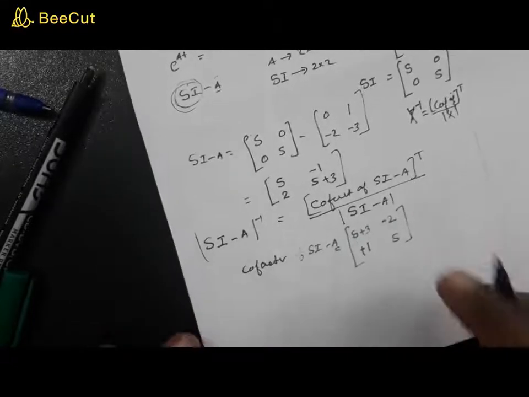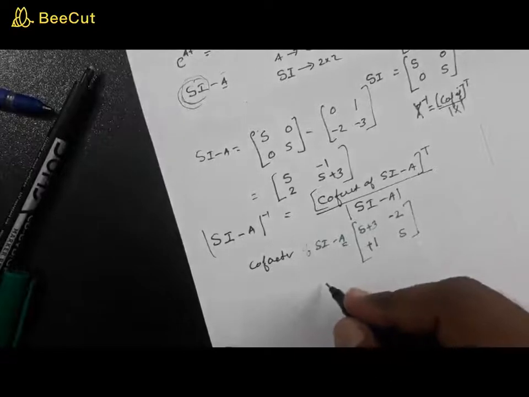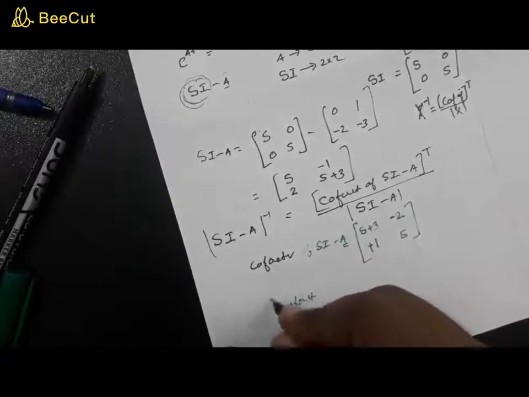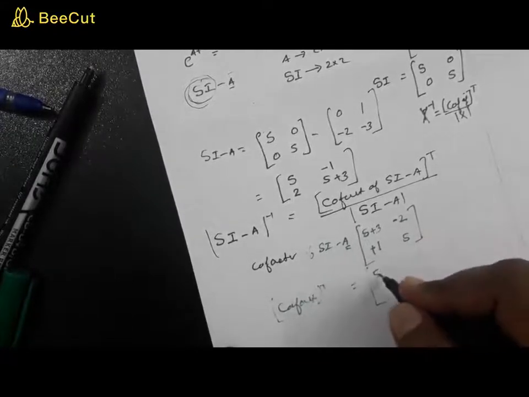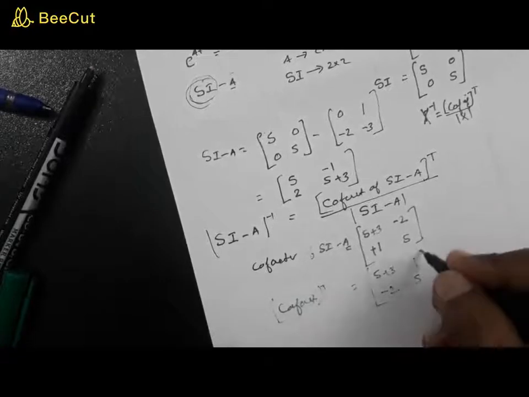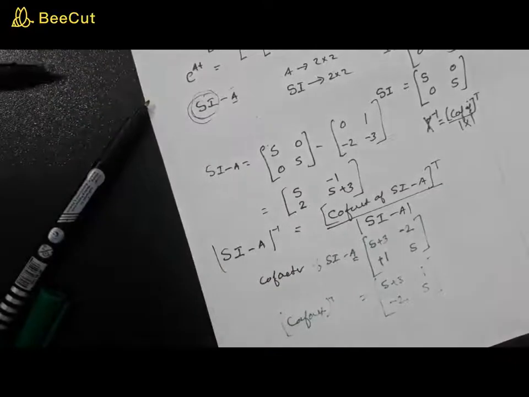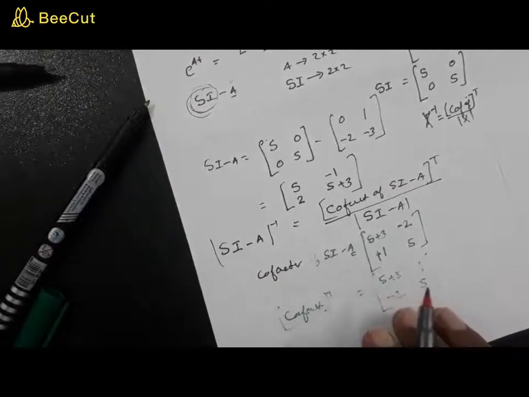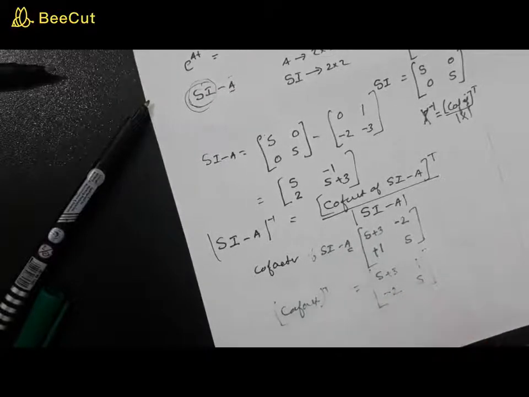Now you need the transpose of this. The transpose of the cofactor matrix will be S plus 3, 1, minus 2, S. Okay, so this is the cofactor matrix.